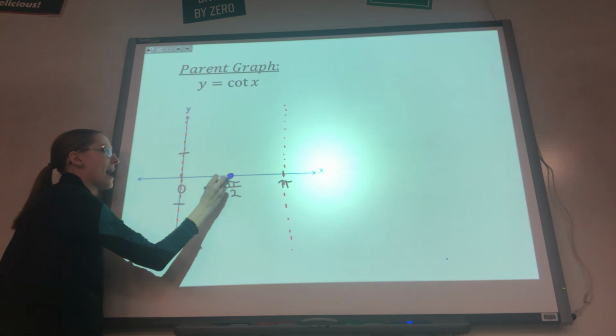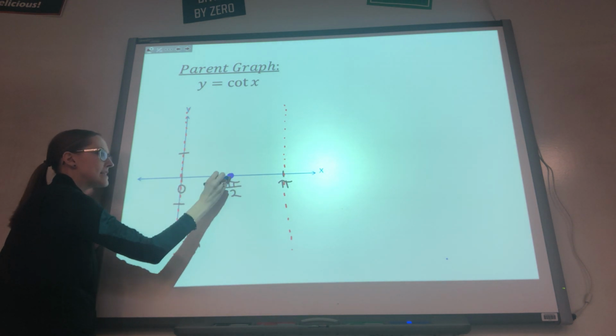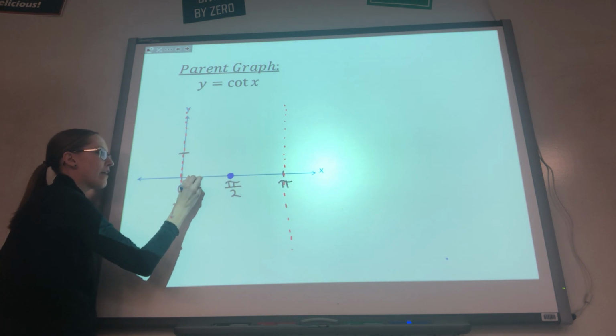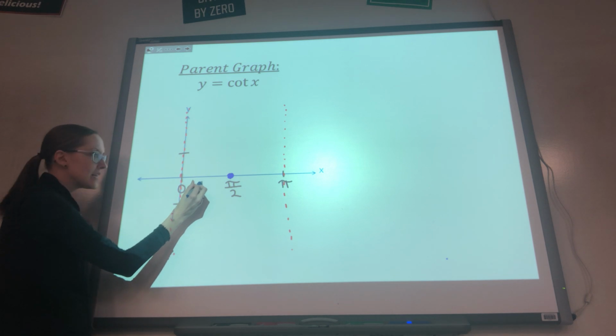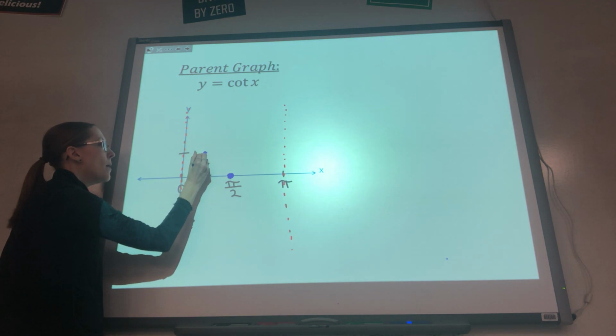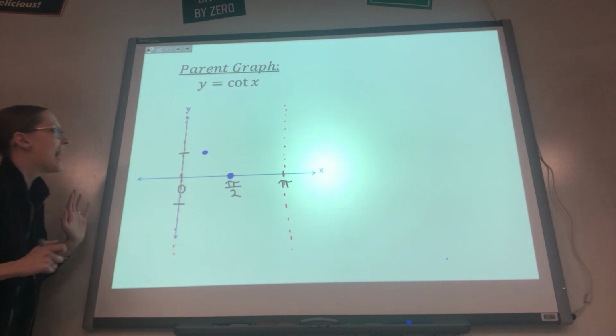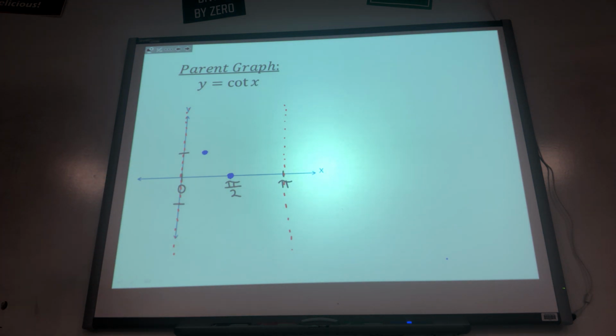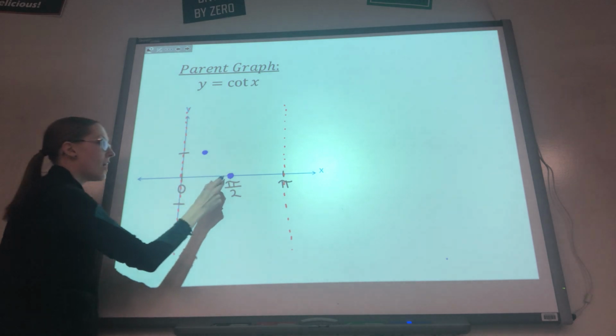So when I come halfway between my center point and my left asymptote, you don't have to label what that is, but I know I need to go up to wherever my amplitude tells me. So that would be up to 1.